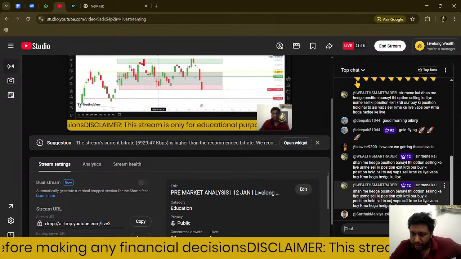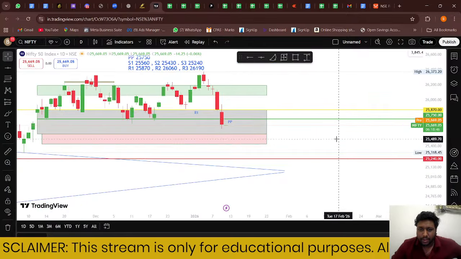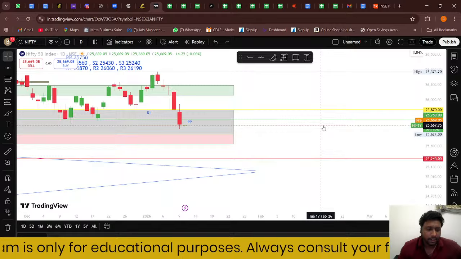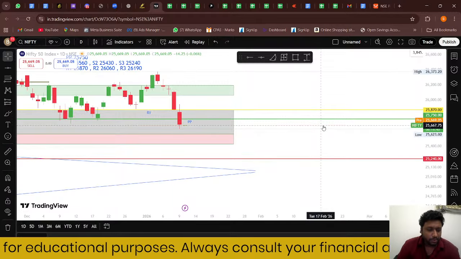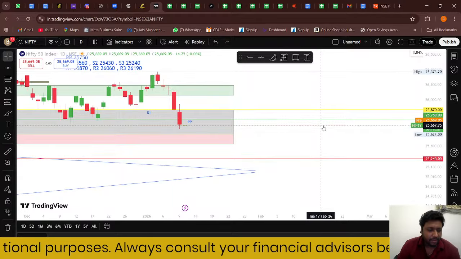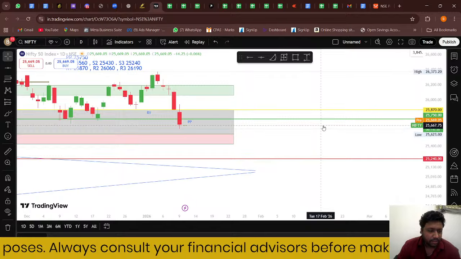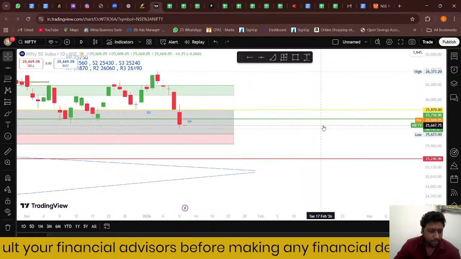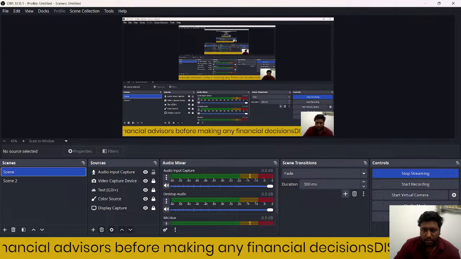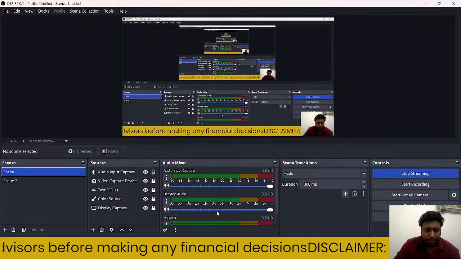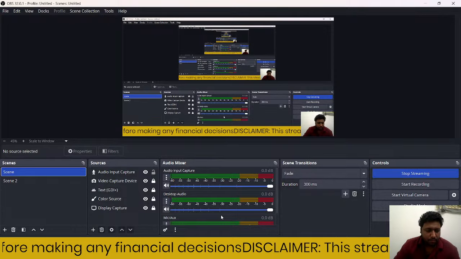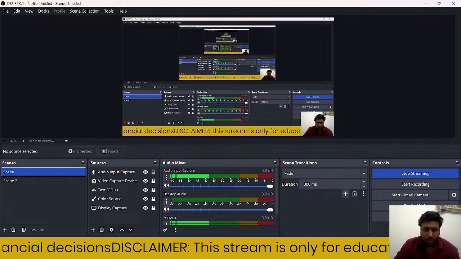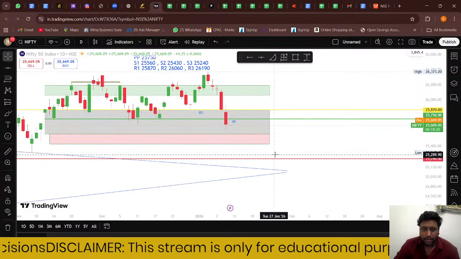So we have a pre-market opening value over here. If you see, it is opening below yesterday's closing. I hope my screen is visible.